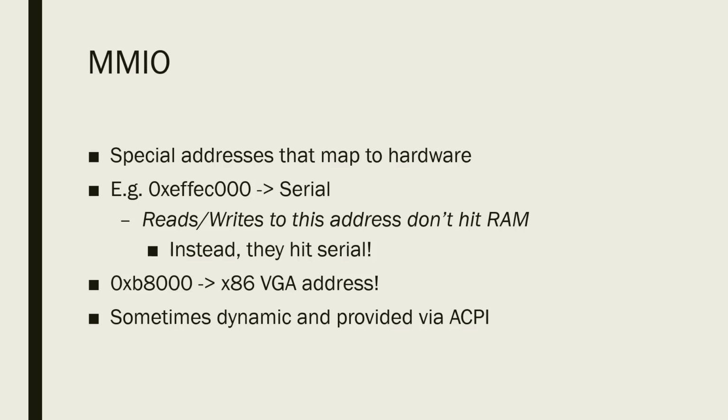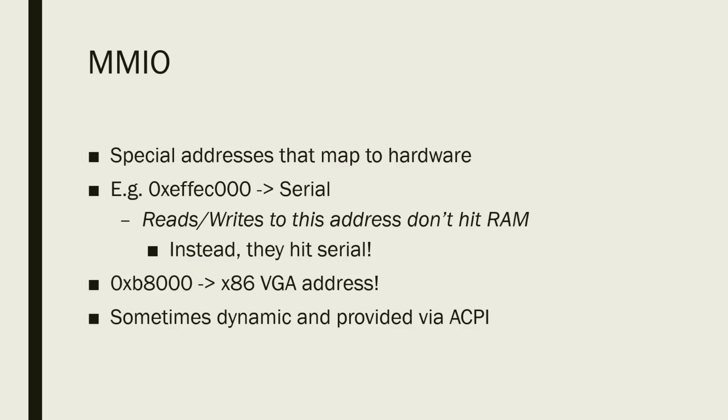So for example, the memory address 0xEFFEC000 is, I believe, the address associated with the virtual serial device for Hyper-V virtual machines, which means that if a guest VM reads or writes to that memory address, it's not actually going to go to RAM.